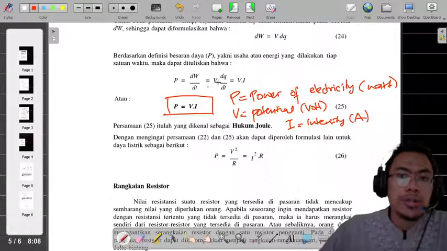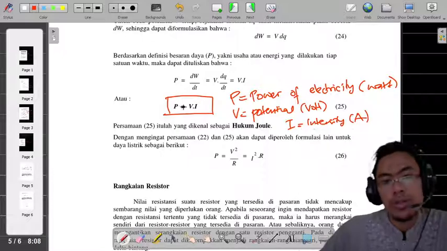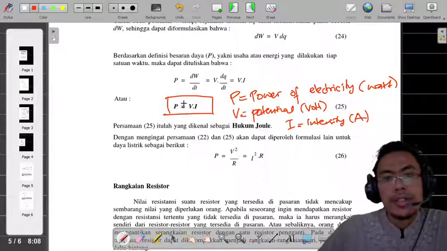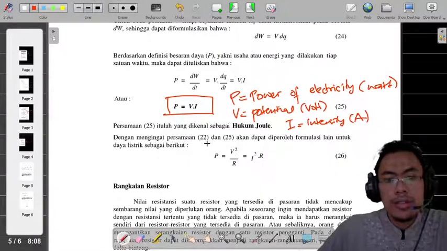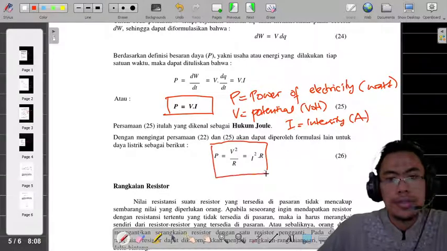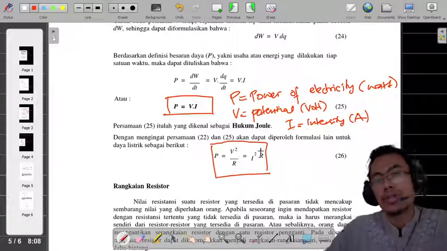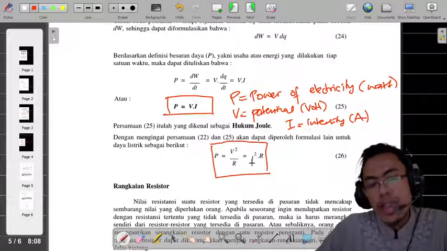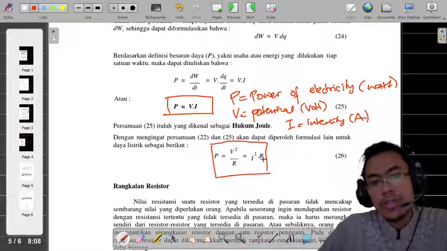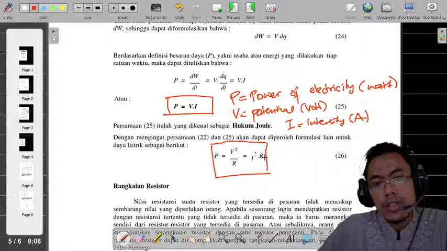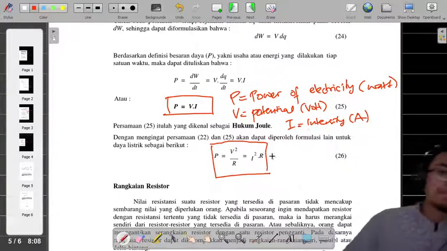So this one is also important. And then another important formula: power equals to volt square divided by R, and also equals to I square times the resistance R.